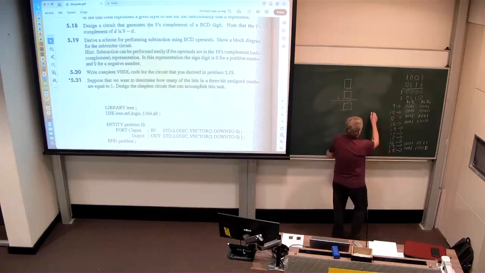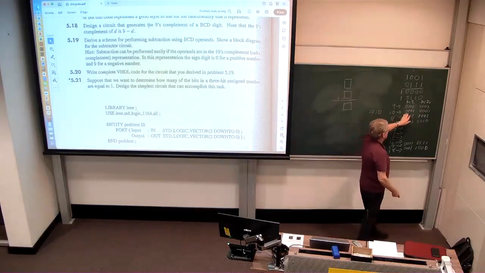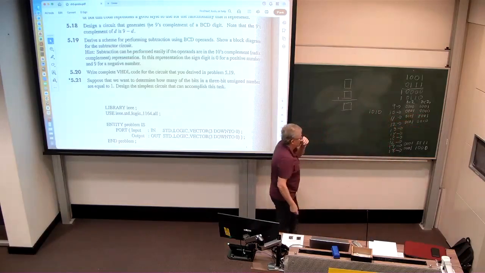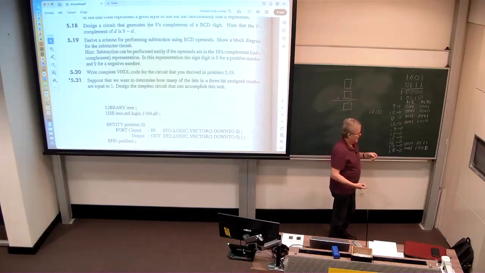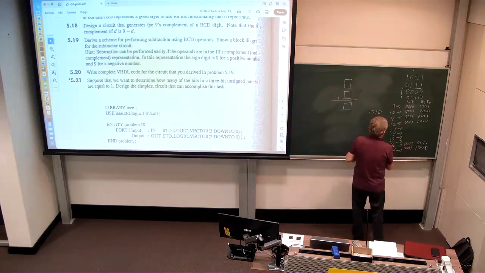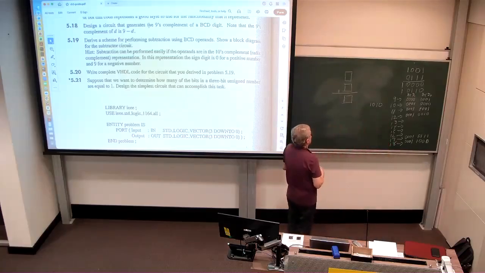So instead of it being 1, 0, 1, 0, the result should be 0, 0, 0, 1 and 0, 0, 0, 0, right? And this is exactly what you've got to figure out in the lab as well, I'm pretty sure. You've got to figure out how you compensate for the fact that we're representing the result as a BCD answer.